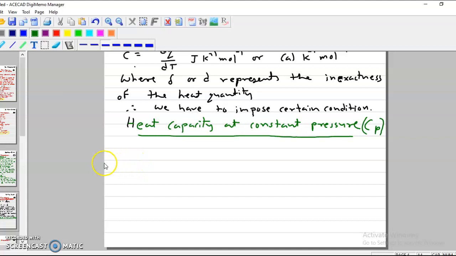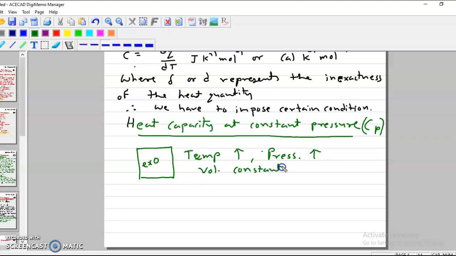So when any chemical reaction takes place, and if it is exothermic, then temperature increases, pressure also increases. Why? Because volume is constant. So when volume is constant, let us see what happens.